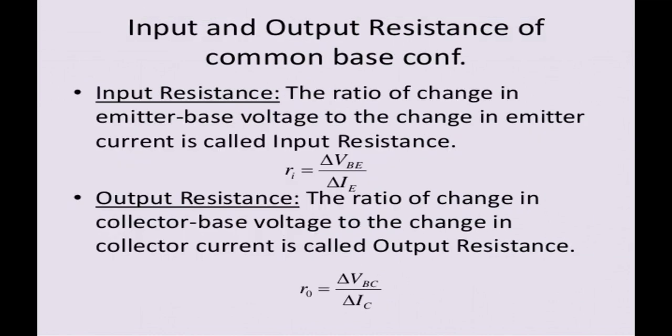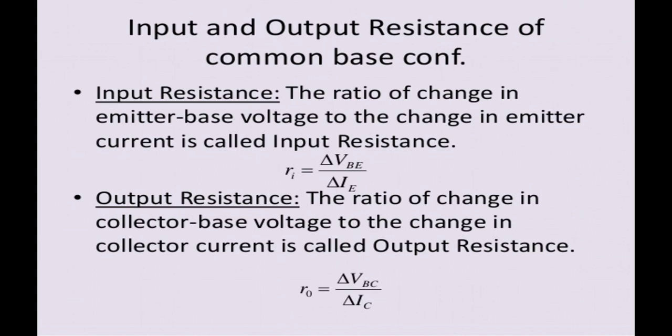Now the input and output resistance of the common base configuration. The ratio of change in emitter-base voltage to the change in emitter current is called the input resistance. To calculate RI, the input resistance of the transistor, we take the rate of change of voltage across the base-emitter terminal with respect to the rate of change of emitter current.